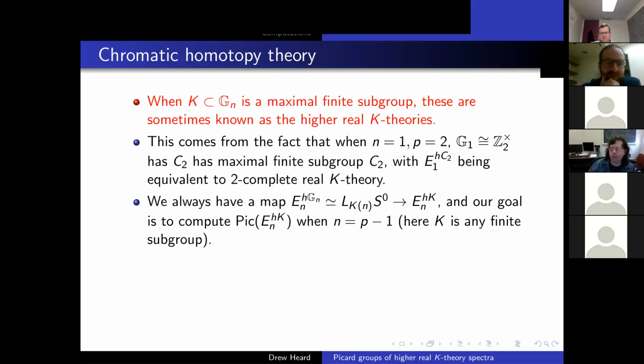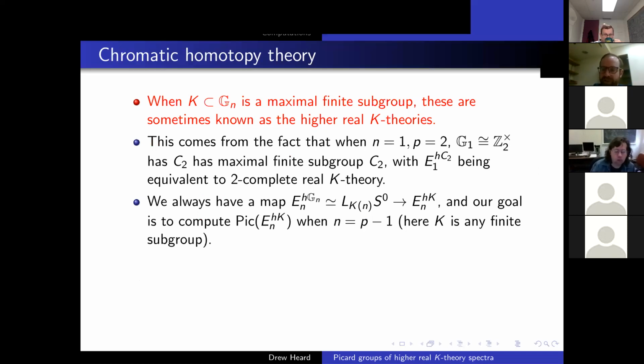So here's the example. If you take a maximal finite subgroup, then these are the higher real K-theories that I mentioned in the introduction to the talk. And why is this? If you take the simplest case, n equals 1, p equals 2, then the Morava stabilizer group is just the units in the 2-adics.